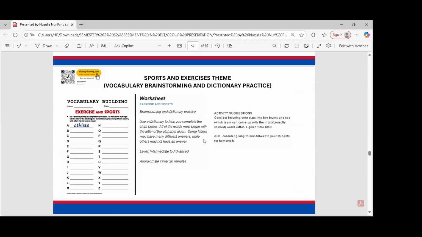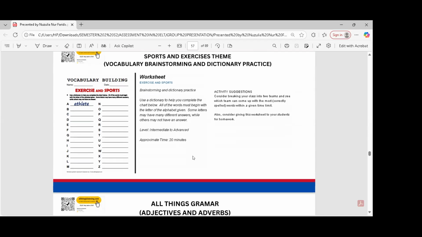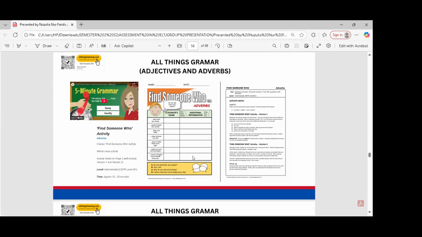They will read the dictionary and then write several words based on the letters A, B, C, D until Z that relate to the themes of exercise and sports. And here are also examples of grammar activities that support students with adjectives and adverbs.